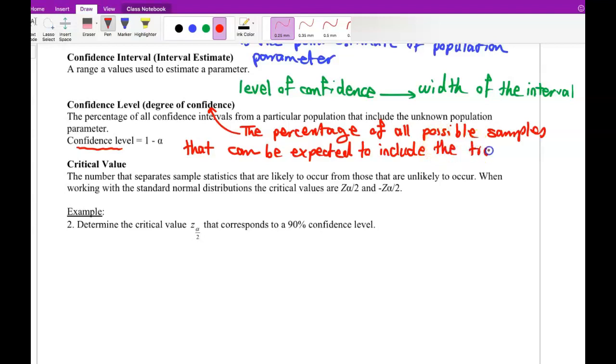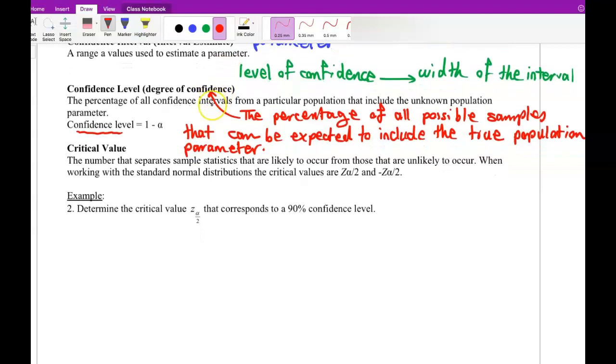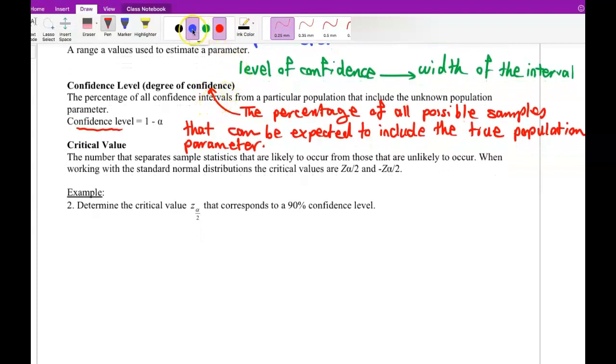So the true population parameter, then usually we have this.